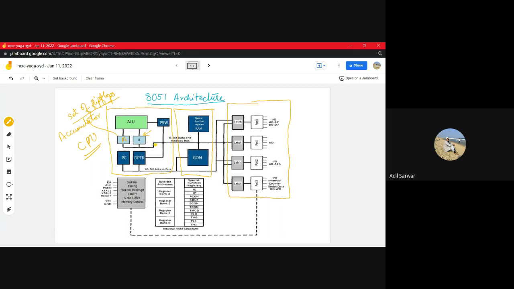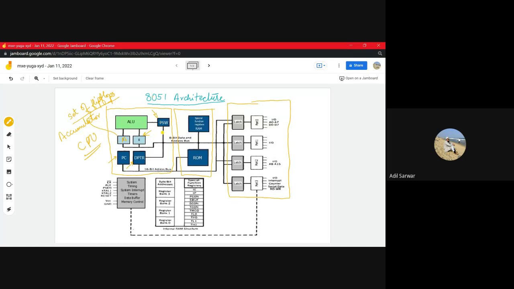Now let us talk about PC, program counter, and DPTR, which is the data pointer, and then we have another register called PSW, program status word. So we'll be talking about these three in a bit more detail.